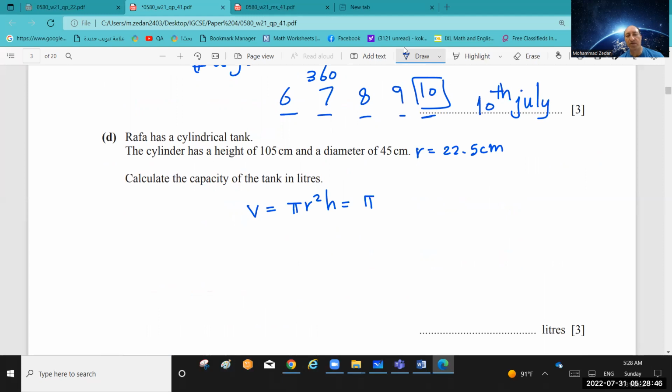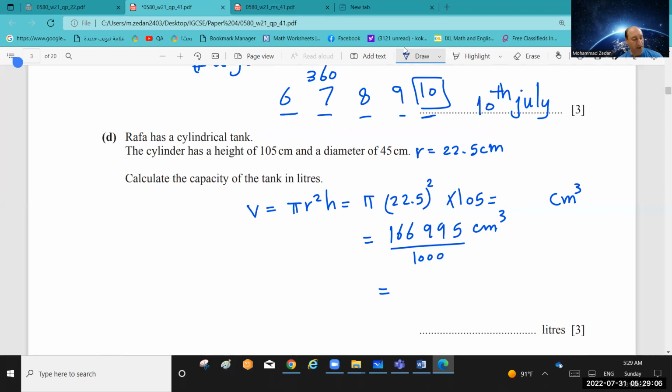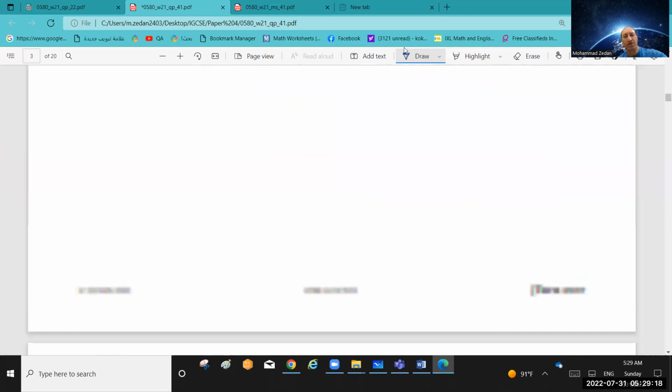So pi times 22.5 squared times the height 105 gives you the answer in cubic centimeters, 166,995 cubic centimeters. If you divide the cubic centimeters by 1,000, you will make it liters. So the answer is 166.99, or you can say 167 liters, to 3 significant figures.